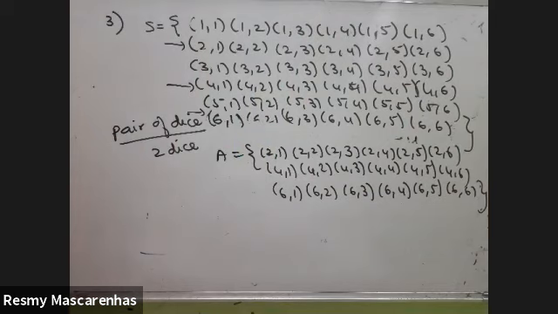Anyone who did not understand? Only those pairs you have to write where there's an even number on the first die, not on the second. Whatever is there on the second doesn't matter, since the condition is only given on the first one. Second could be odd, even, we don't care. Then B says odd number should be there on the first. Now the remaining lines you have to write.